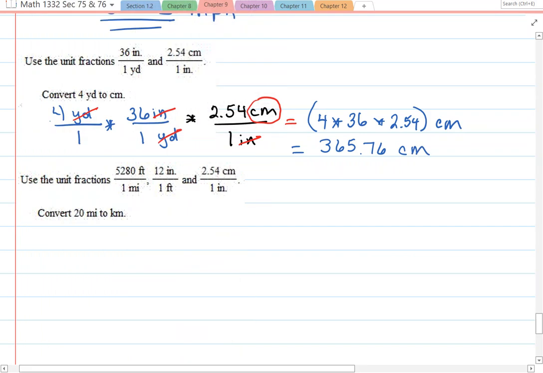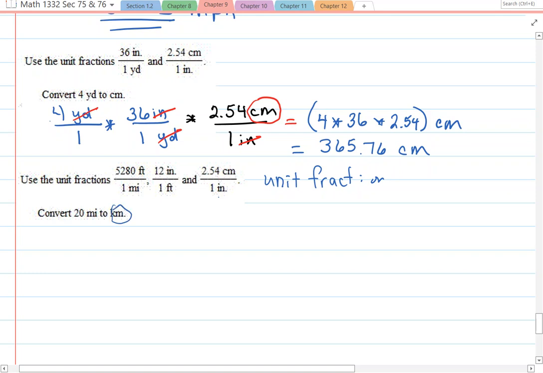All right, excellent. So now we have some more conversions from one unit to another to make it easier using unit fractions. And the unit fractions they gave us this time are miles to feet, feet to inches, and inches to centimeters. But they said kilometers.